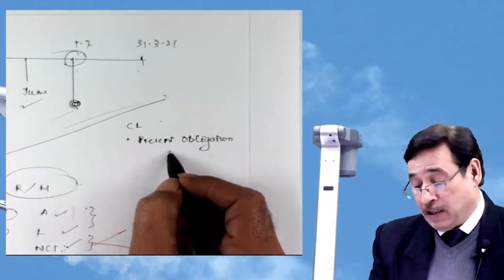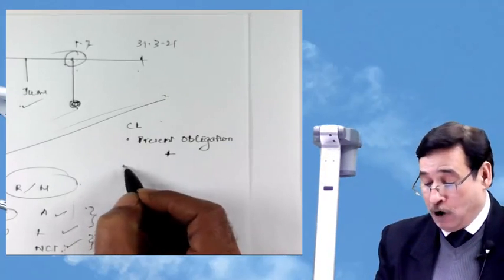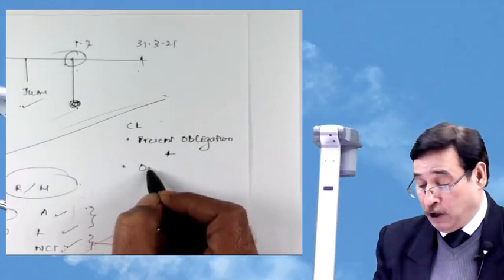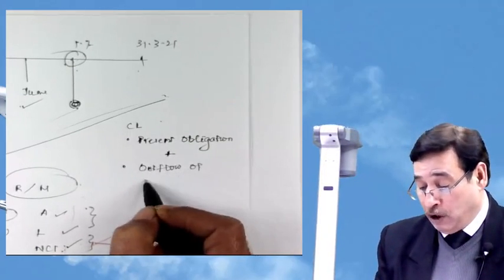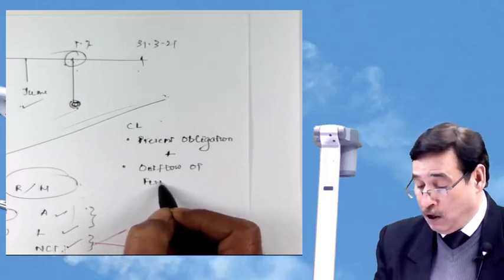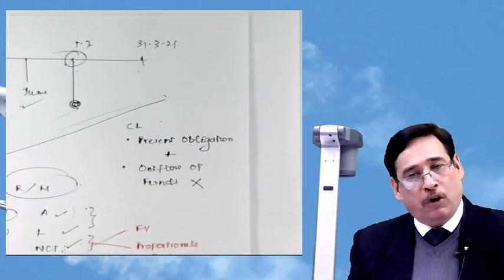That is present obligation. Contingent liability means there is a present obligation on the balance sheet date, but outflow of funds is not probable. That means you are not expecting an outflow.